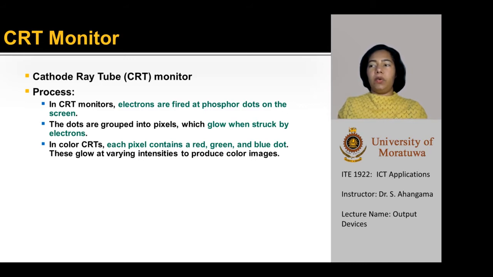The dots are grouped into pixels, which glow when struck by electrons. In colored CRTs, each pixel contains a red, green, and blue dot. These glow at varying intensities to produce color images.